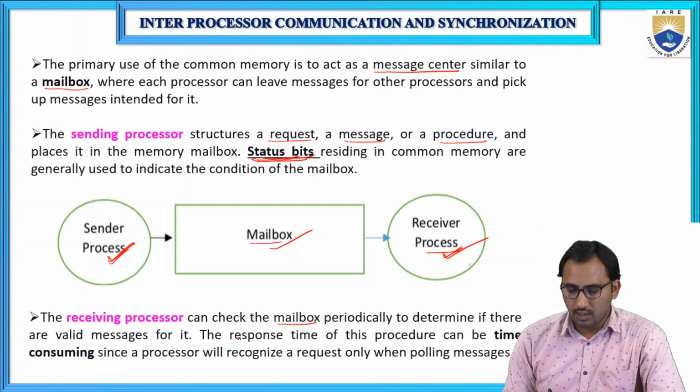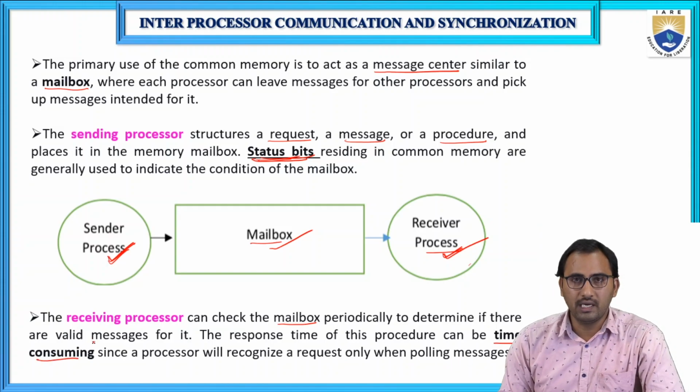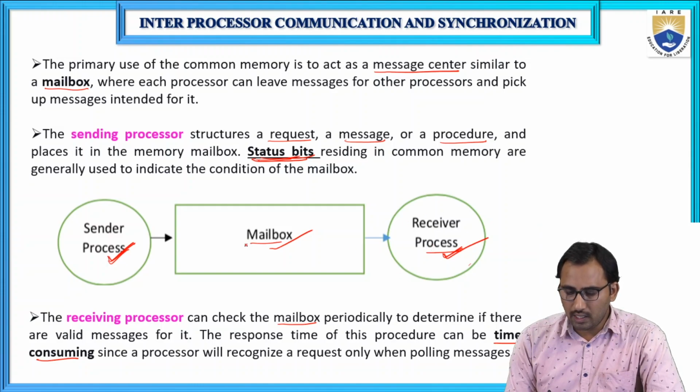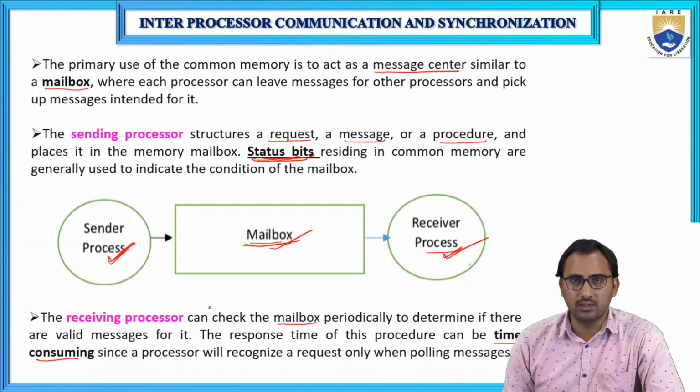So the response time of this processor can be time consuming, since the processor will recognize the request only when polling messages. It is a time consuming process because the receiver processor has to continuously monitor the mailbox.